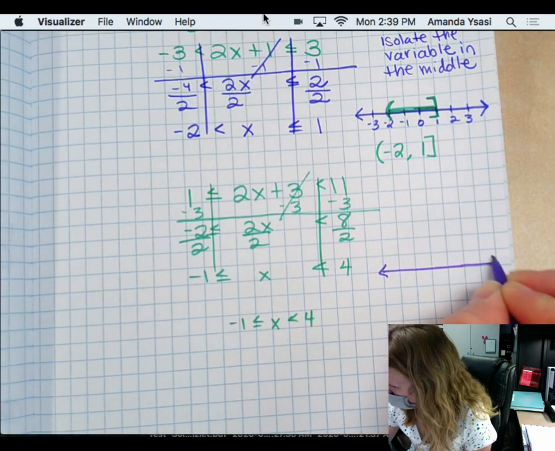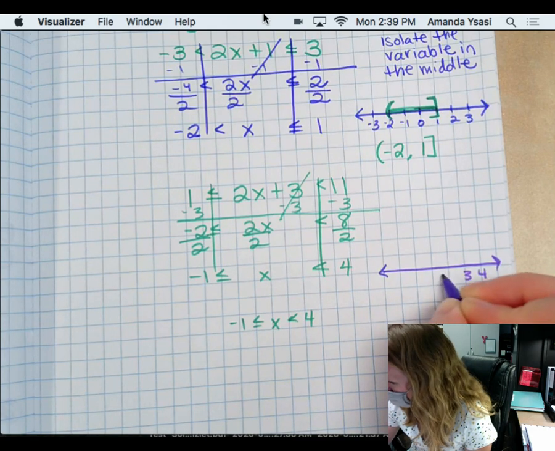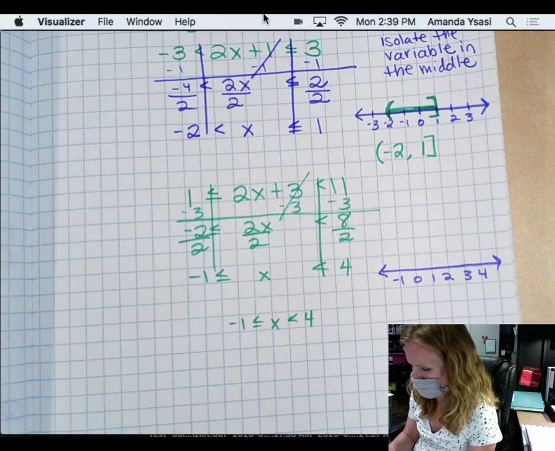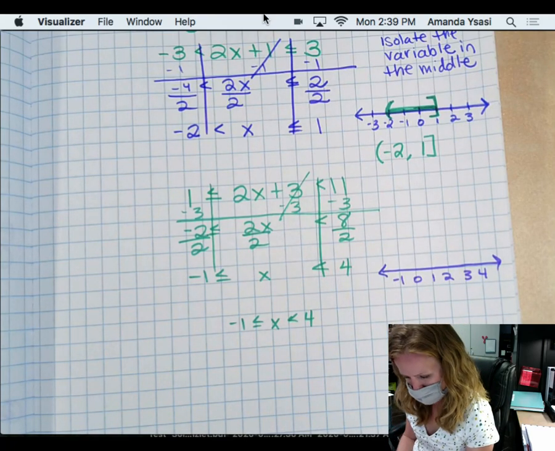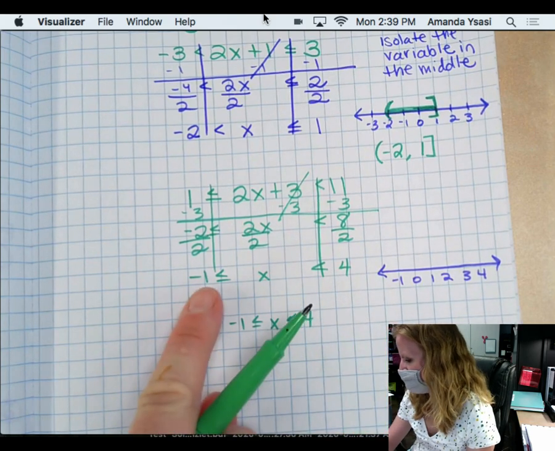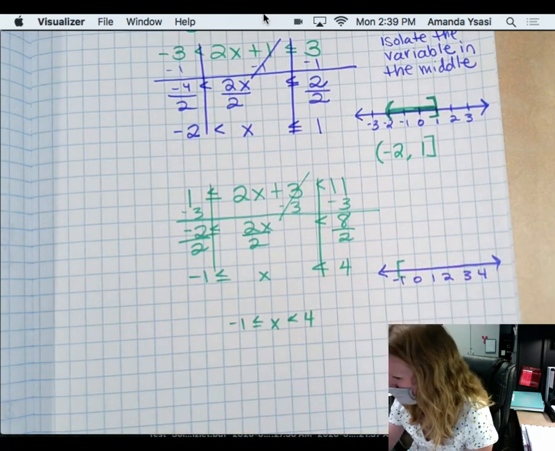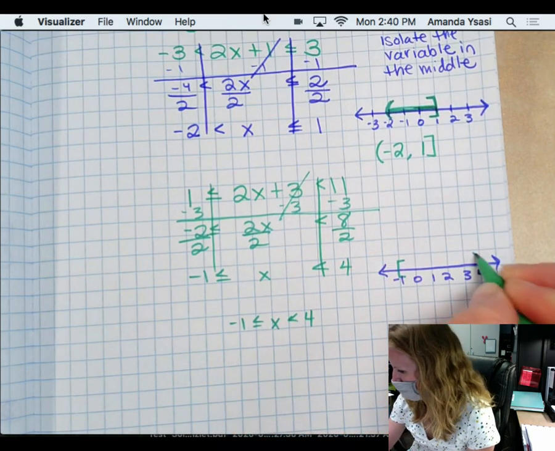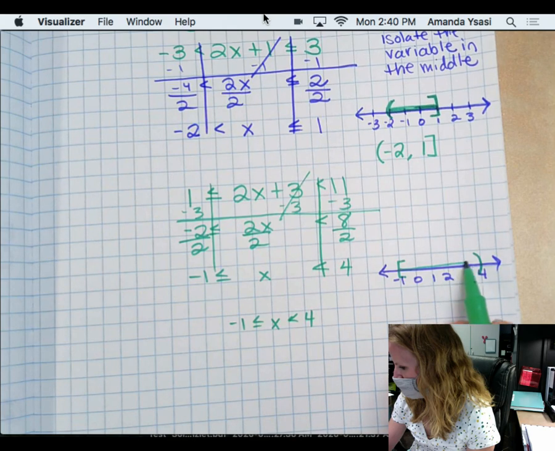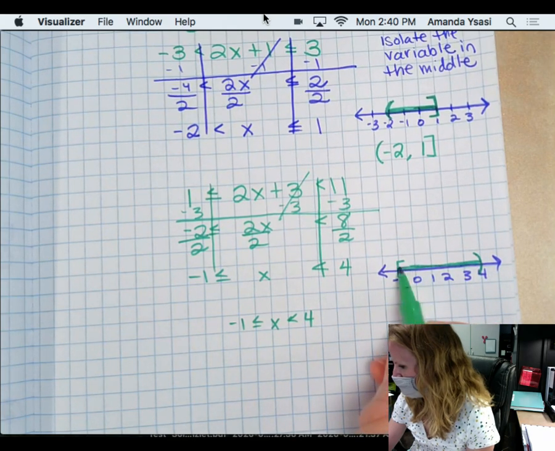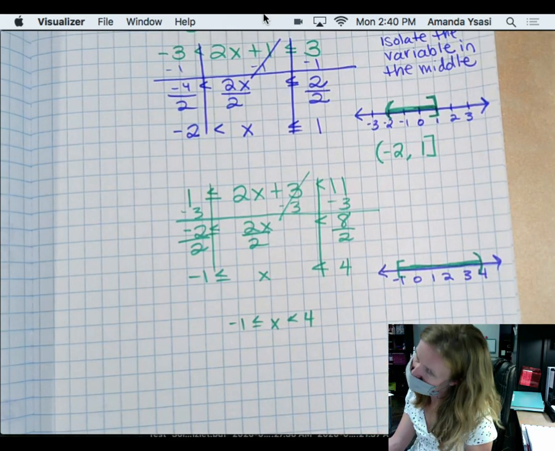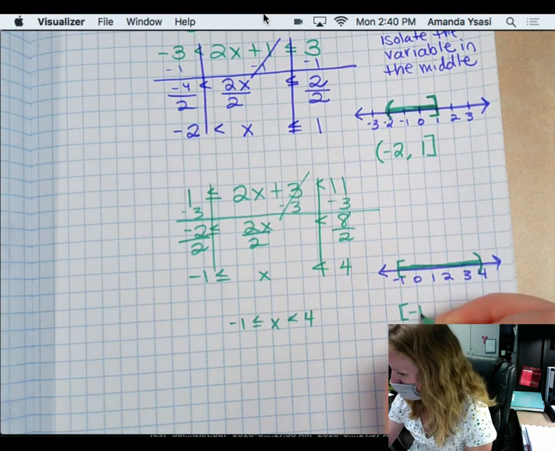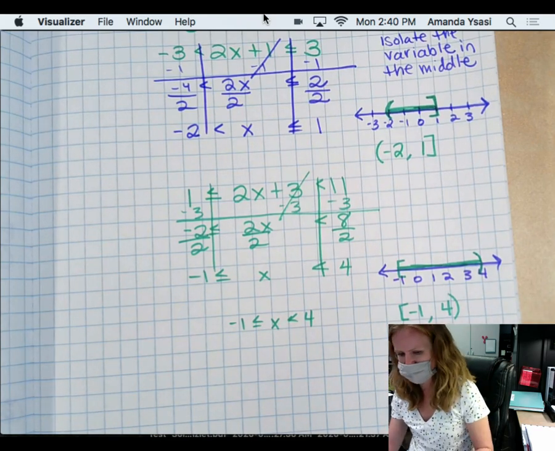So we know we need up to 4, 3, 2, 1, 0, -1, and down to -1. -1 is or equal to, so we're going to put a bracket there. 4 is just x is less than 4, so parentheses. And so the interval notation is bracket, -1, comma 4, parentheses.